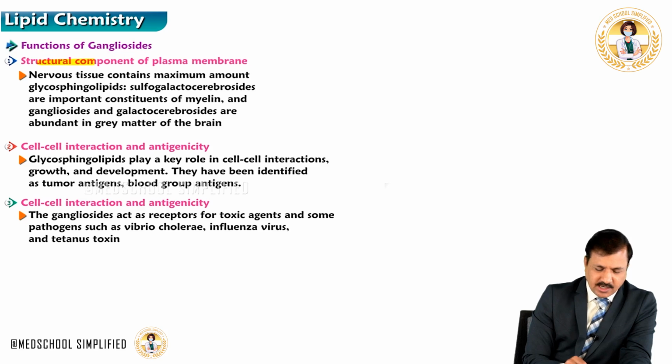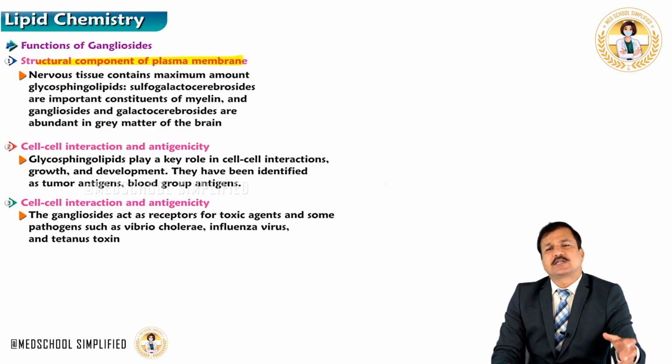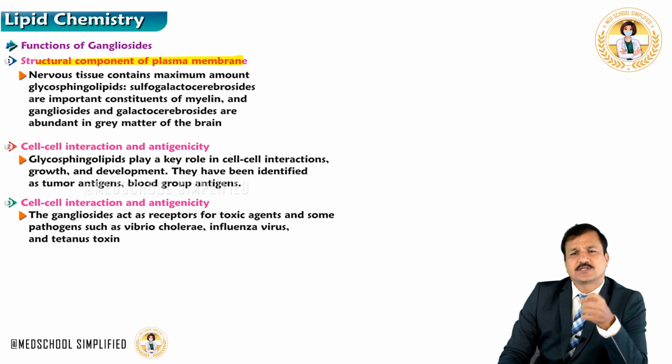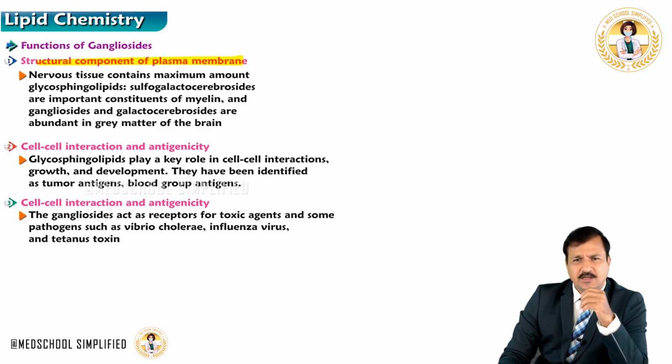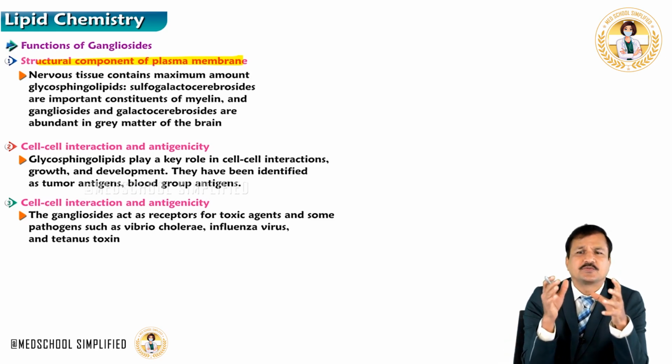Gangliosides are a structural component of the plasma membrane. Nervous tissue contains a maximum amount of glycosphingolipids. Sulfogalactosides are important constituents of myelin, and gangliosides and galactosides are abundant in grey matter of the brain. So they are all located in the outer layer of the plasma membrane, and thereby they interact with the extracellular environment. So you have to pay attention to some of the details here. The first thing is the nervous tissue.